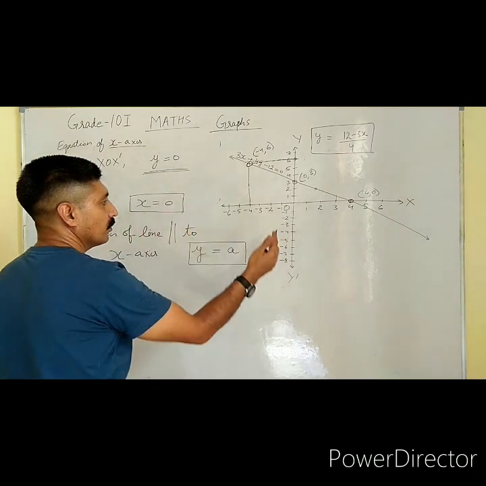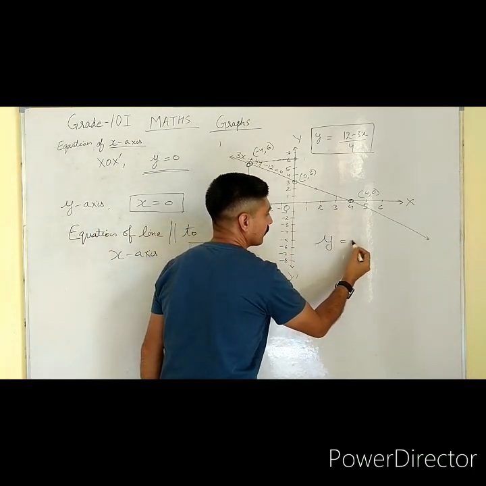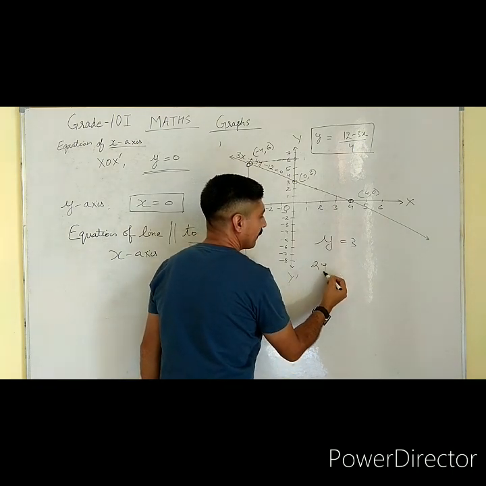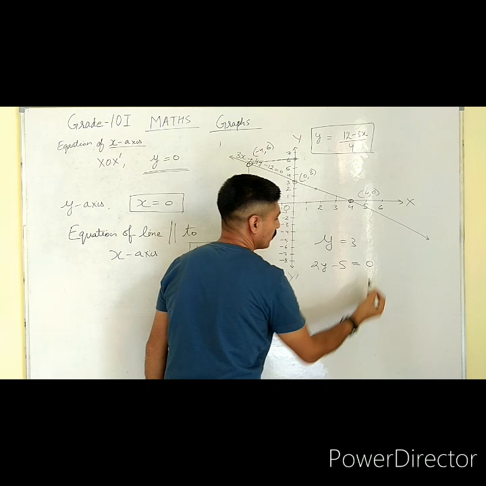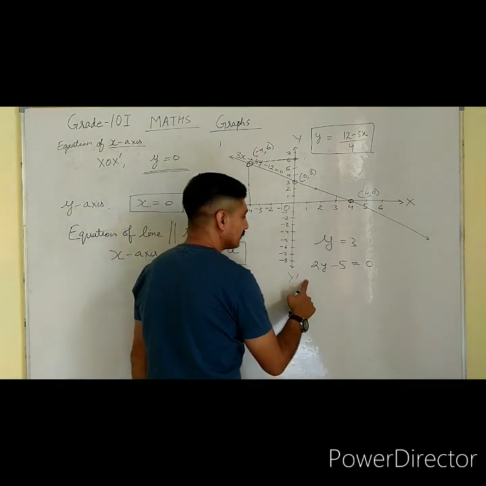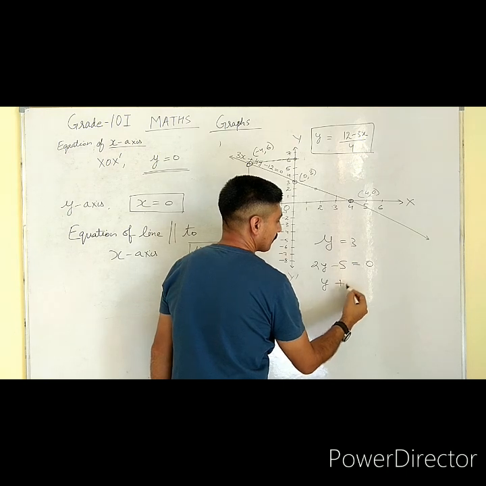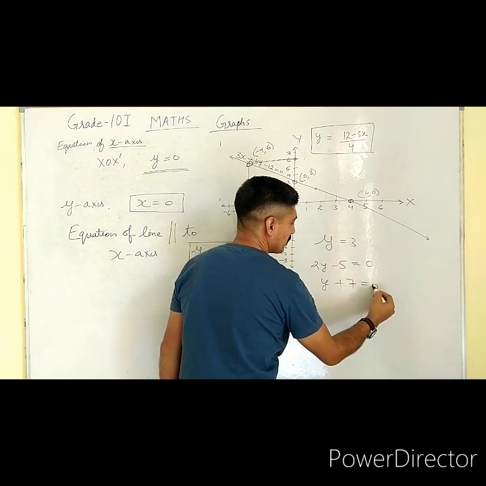For example, y is equal to 3, or 2y minus 5 is equal to 0, or y plus 7 is equal to 0.